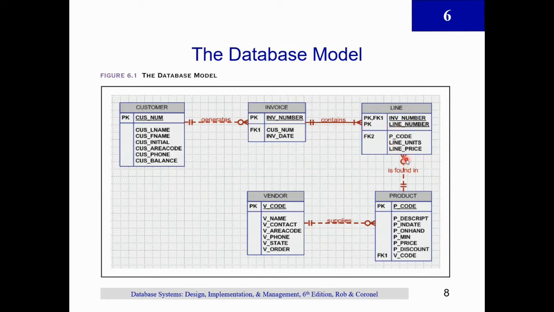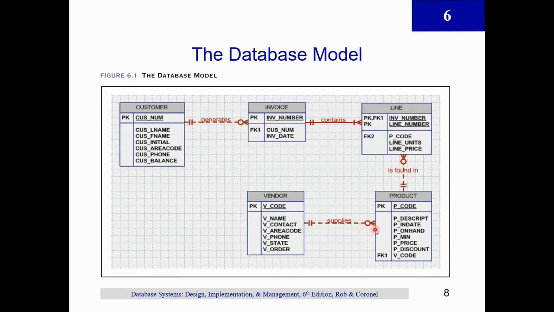Okay. And then many lines, each line is found in a product, one product. Okay, sini pula each product is supplied by a vendor. Okay, ataupun a vendor supplies many product. Okay, so that's how we read the database model lah.